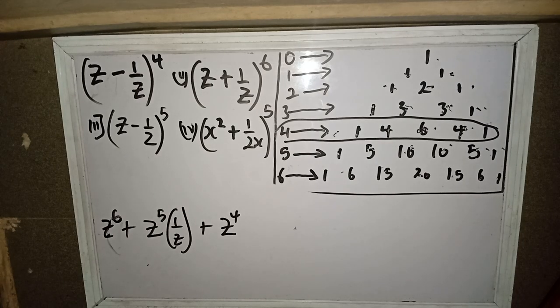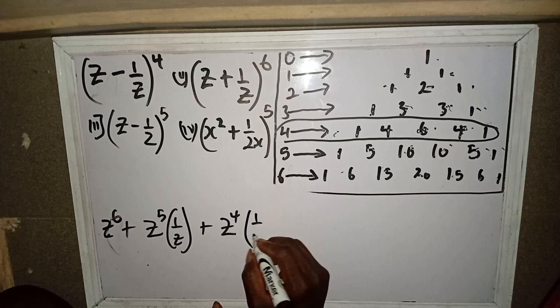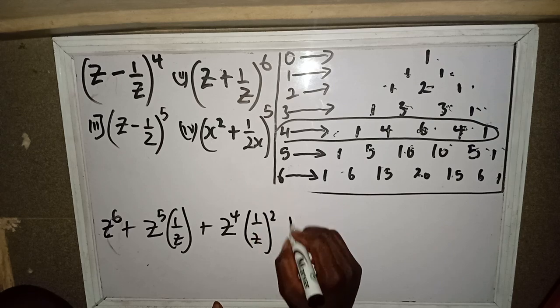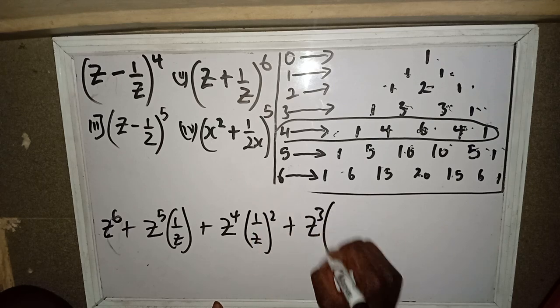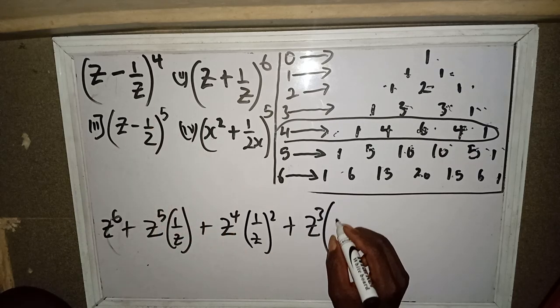Yeah, since I'm using Pascal, it's completed. I was thinking of all those factorial forms, but since I've applied this, now z to the 4, then this one we increase by 2, plus z cube, this one reduced by 3, then this one increased by 3.